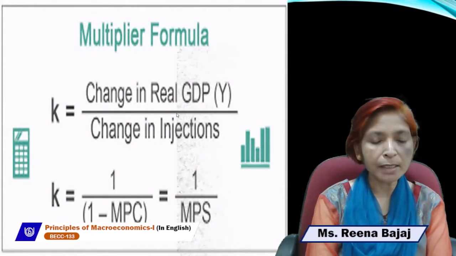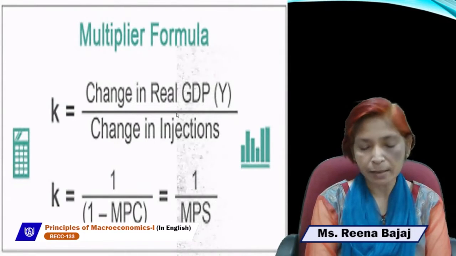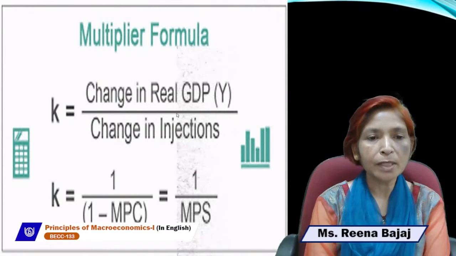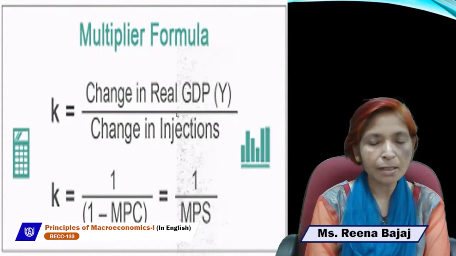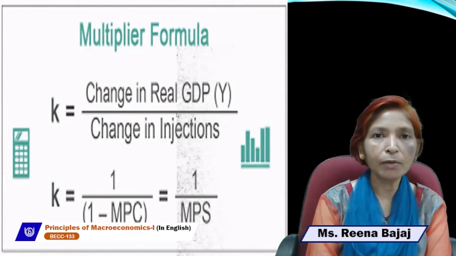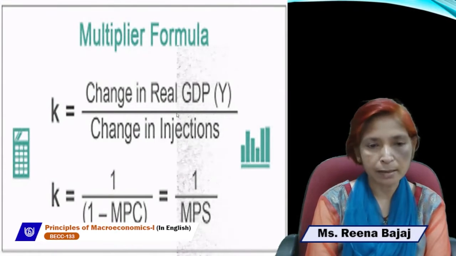So 1 minus MPC will be equal to MPS. So multiplier can be calculated by using these three formulas: one is delta Y upon delta I, second is 1 upon 1 minus MPC, and third is 1 upon MPS.